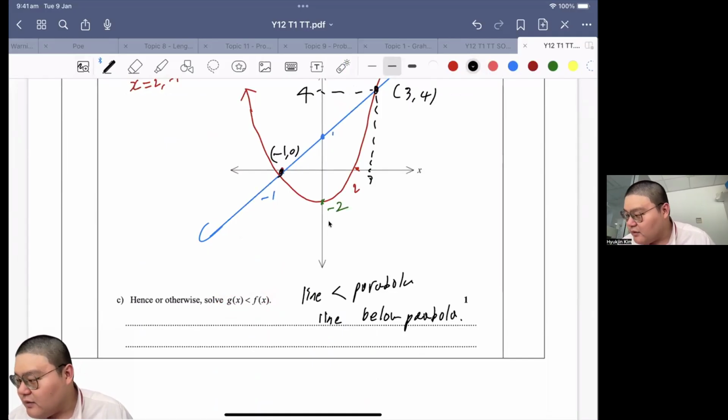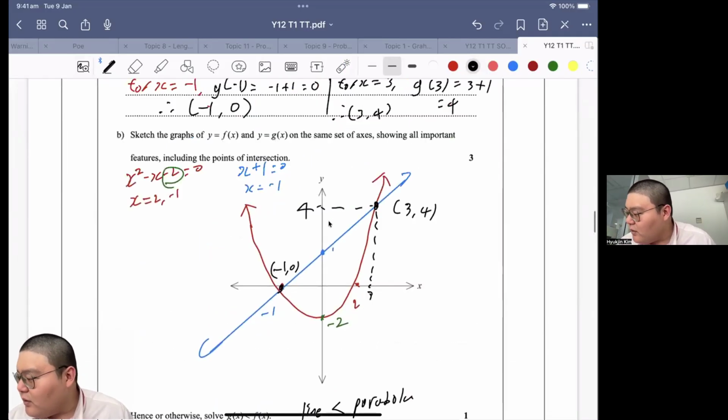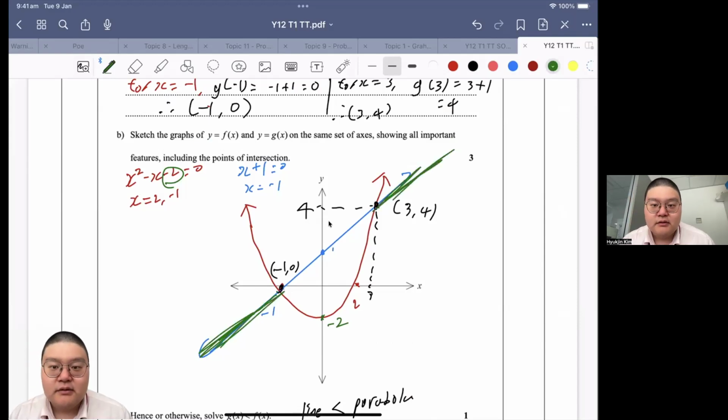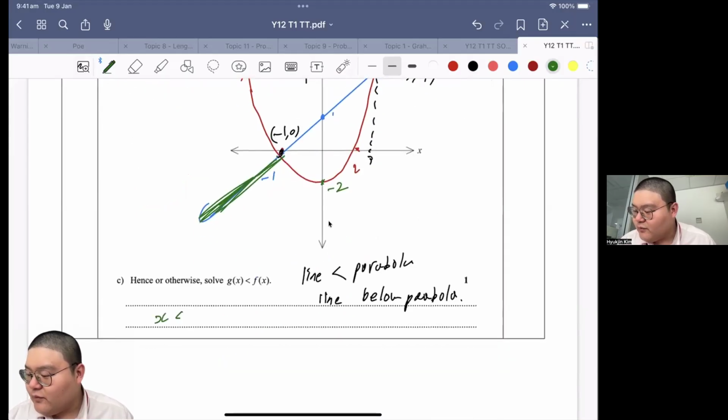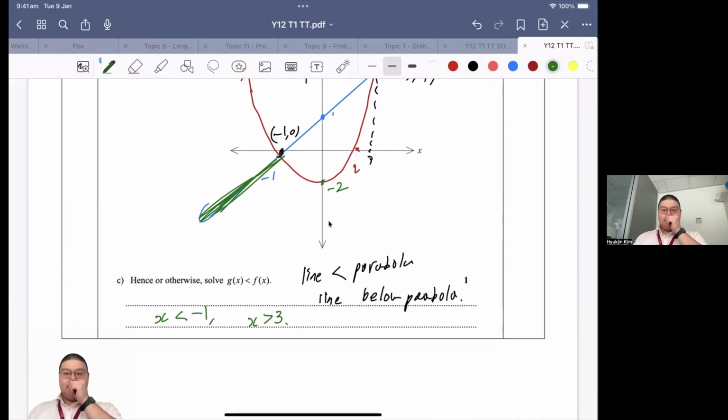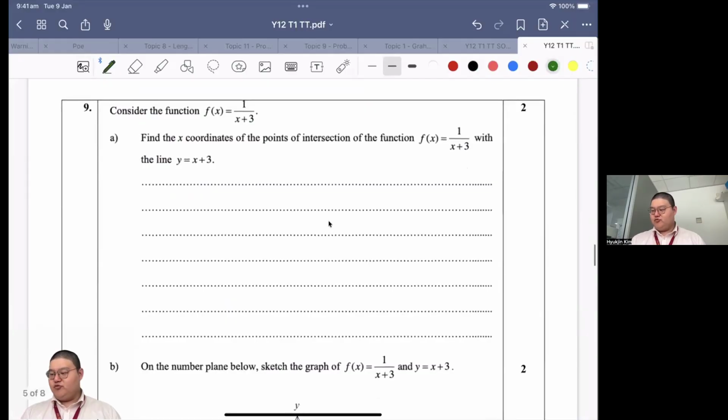When is that? All of these guys. The line is below the parabola here and here. So that means when x is less than negative 1 and x is greater than 3. All is well. Okay.